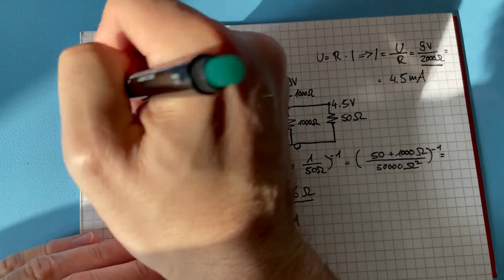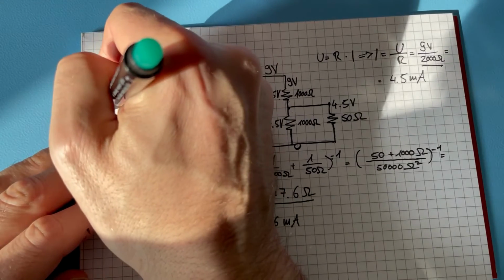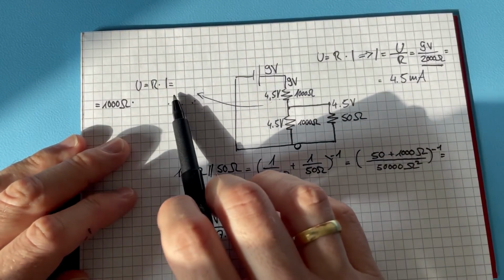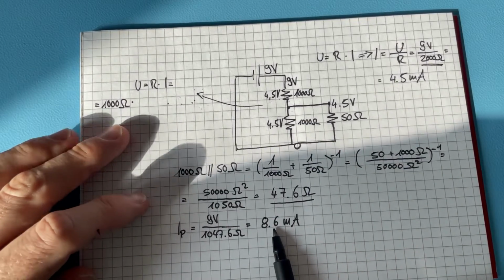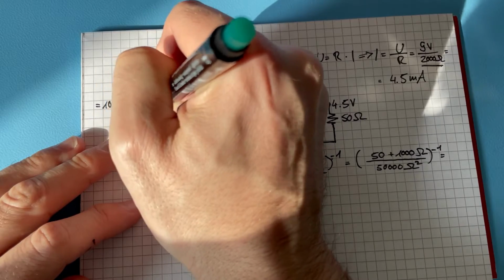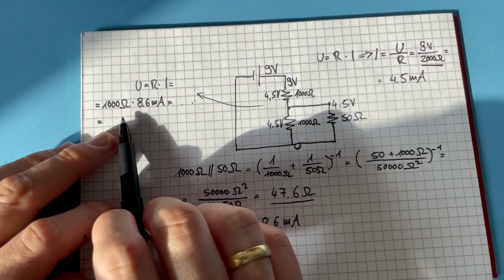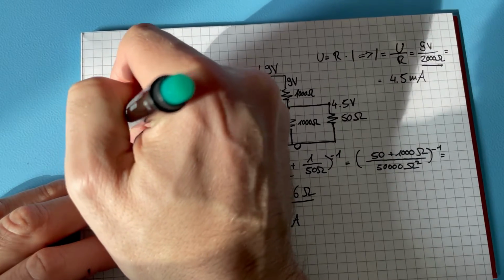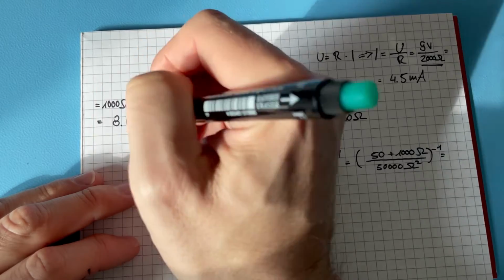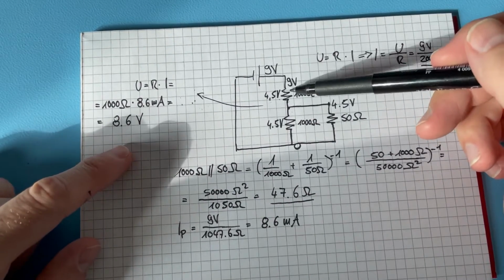In our case, resistance is 1000 ohm times the current, 8.6 milliampere, and that's 8.6 volts across this first resistor.